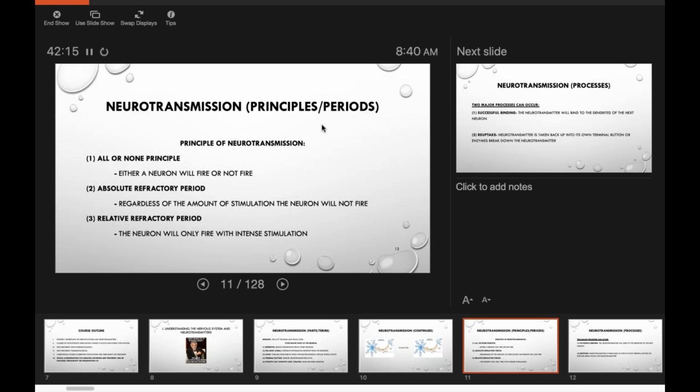So what happens is now I fire and I release my neurotransmitters into the synaptic gap, and then the process is going. Well, there's a period once I fire and release my neurotransmitter that no matter how much I stimulate, I could stimulate now to 100 microvolts, I'm not going to fire again. Just think of it as you flip the switch first, and that switch stays open.